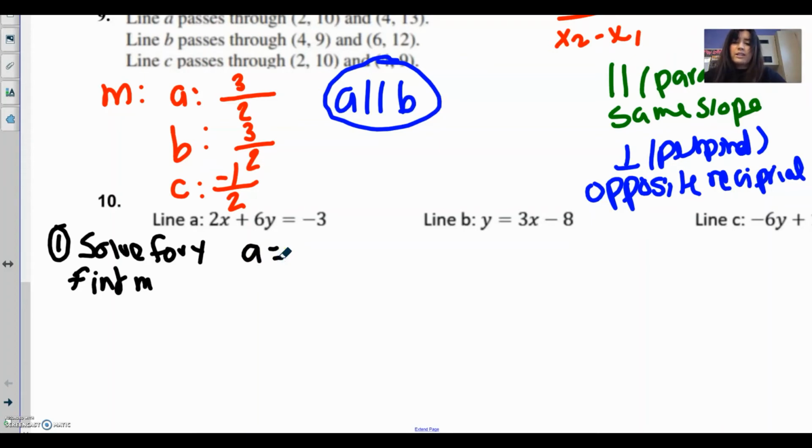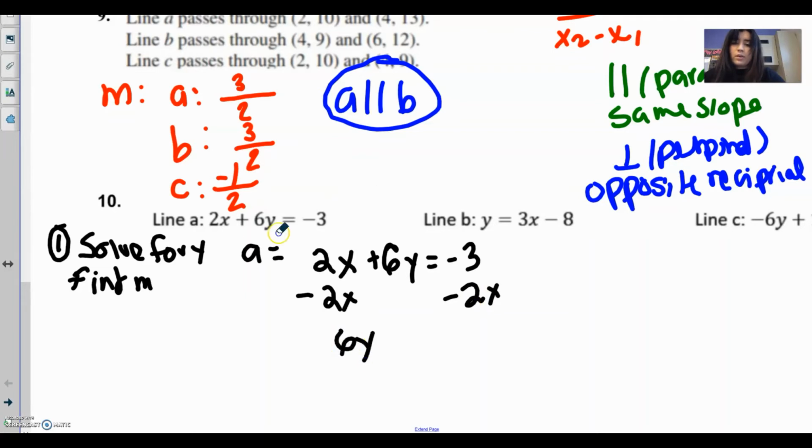We have 2x plus 6y minus 3 equals negative 3. We are going to subtract that 2x, and we will get 6y equals negative 2x minus 3. Our last step, we have to get y alone, so we're dividing by 6.